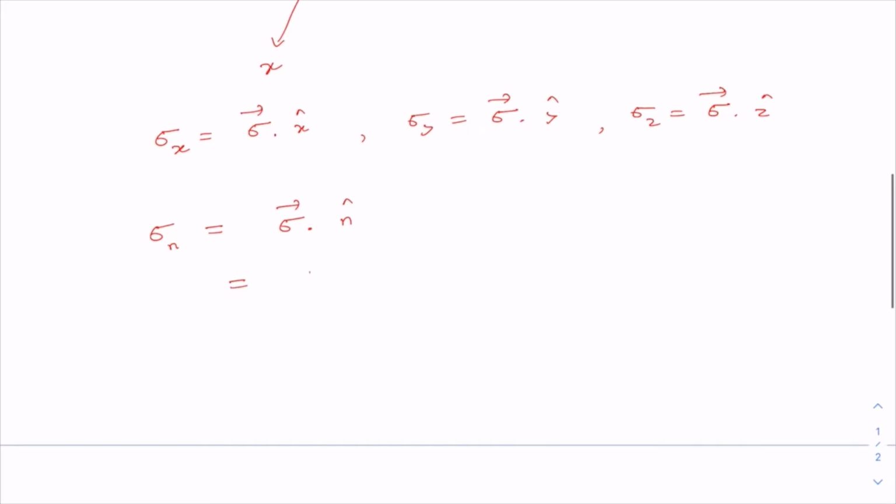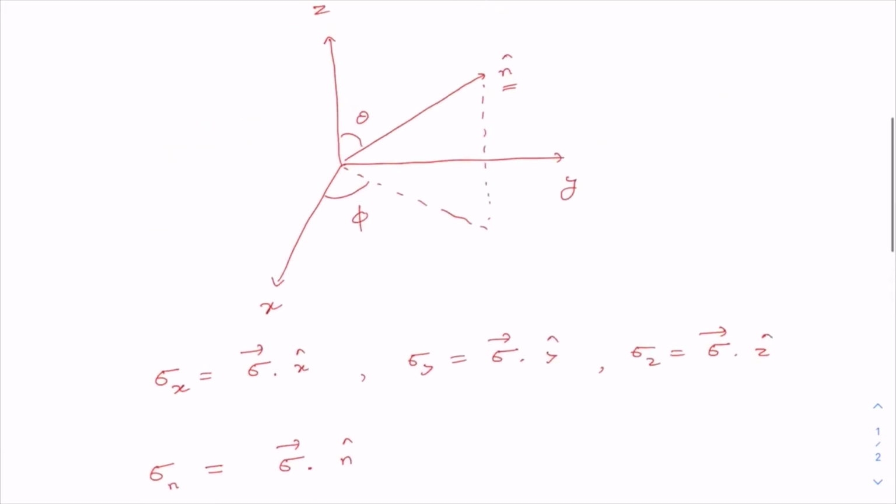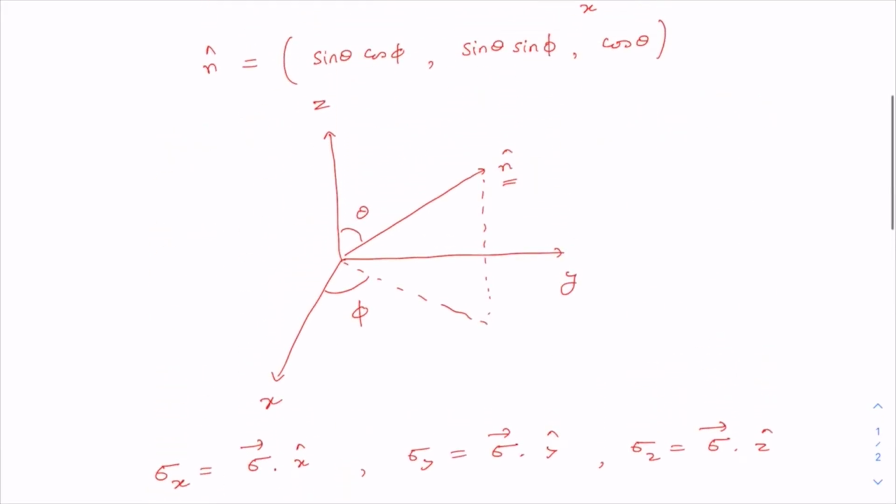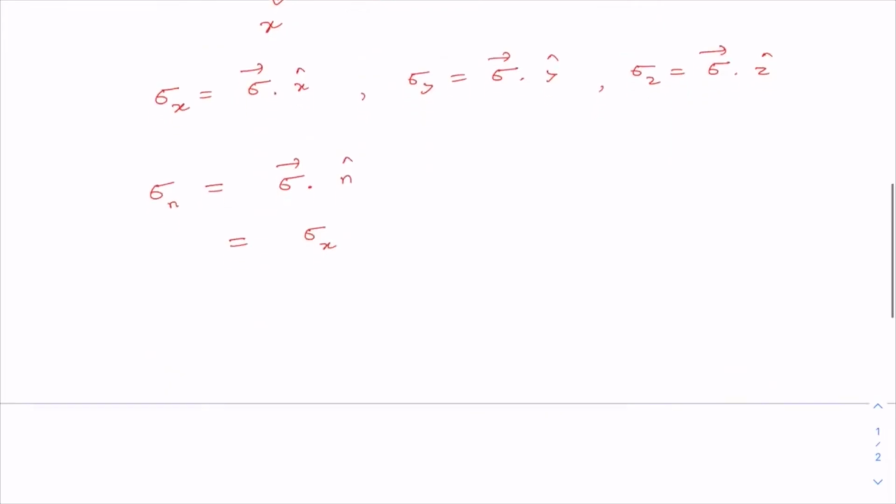What are the components of n cap? The x component is this, the y component is this, and the z component is this one. So let me write all the components. I will have sigma x sine theta cos phi, then sigma y sine theta sine phi, and sigma z cos theta.